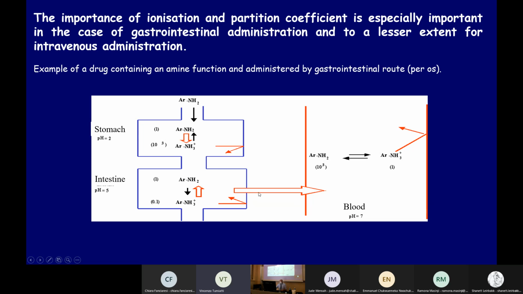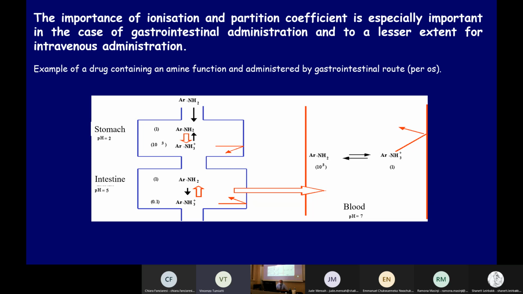Your basic drug is able to reach the blood flow, but I remember once again in the blood flow the pH is 7. So you have another situation. A big fraction of your drug is in uncharged form, and a low fraction is in charged form.